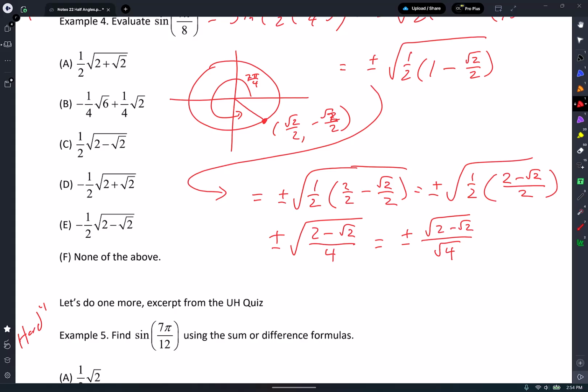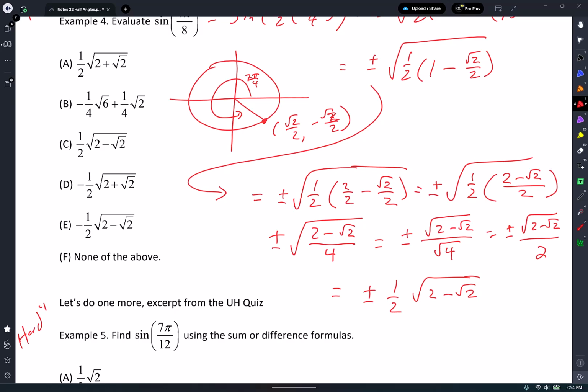What is the square root of 4? Plus minus, so in the numerator I have 2 minus square root of 2 over 4. Oh, over 2. The square root of 4 is 2. They factored out the half. Plus minus, here's my half. 2 minus square root of 2. Square rootception. Square roots on top of square roots.